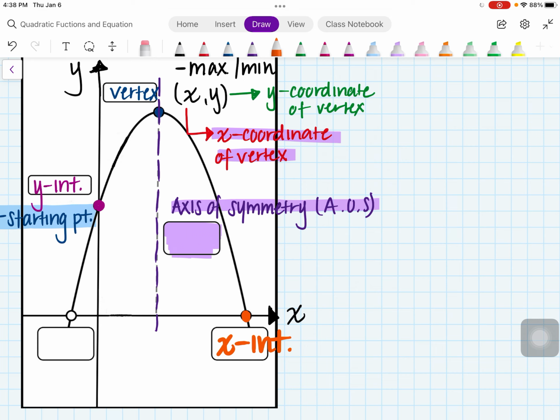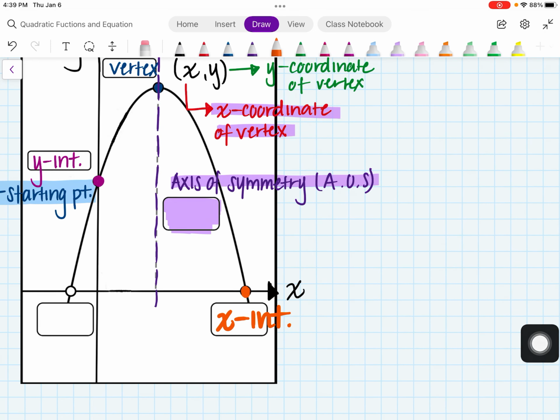Now, most of the time, guys, we will be having 2 x-intercepts. But the main focus in this case would be the one that comes at the end, just because most of the time, the x-intercepts represent a time. And time in this case can't be negative, so that's why we don't focus on this one.